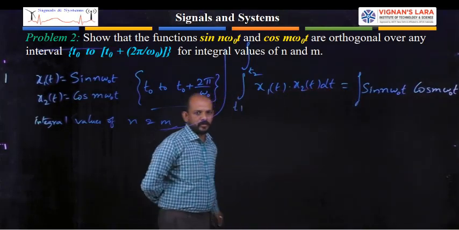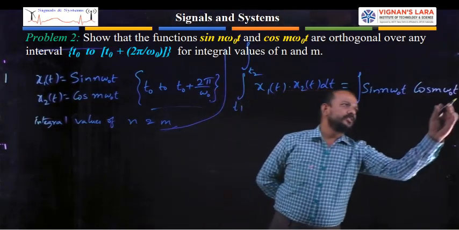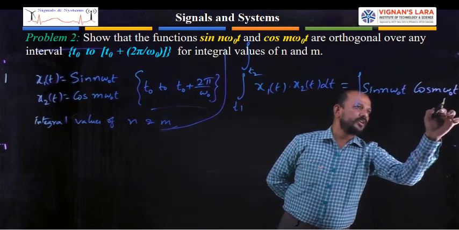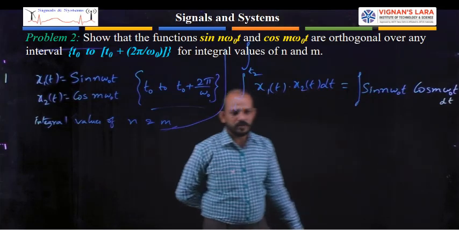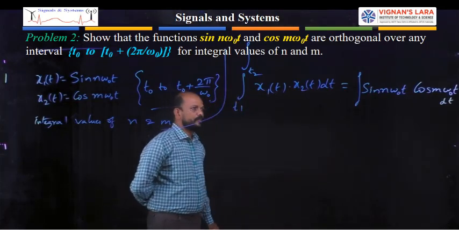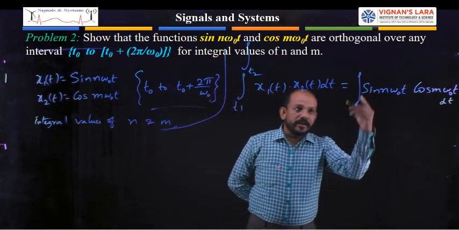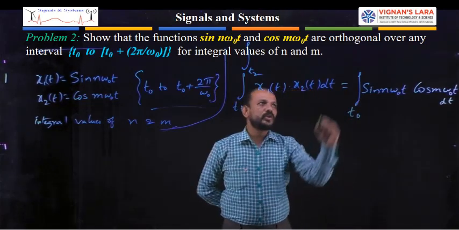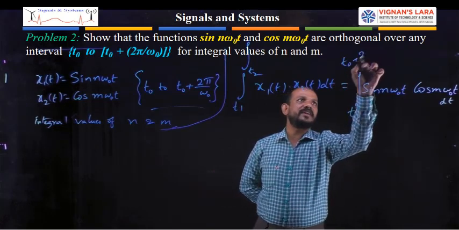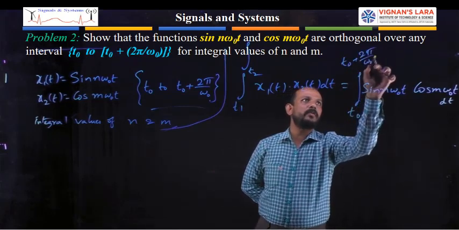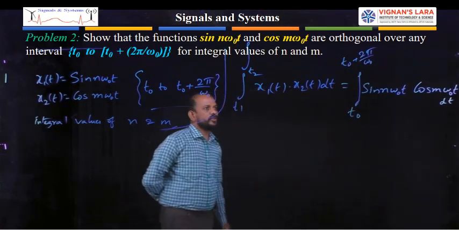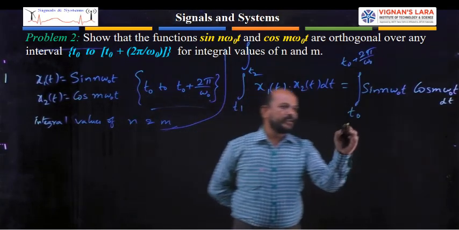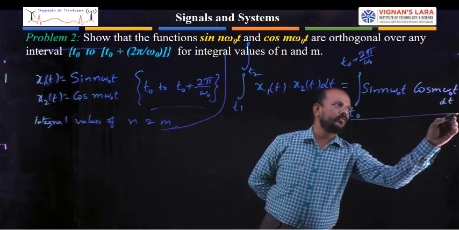The interval is important: t naught to t naught plus 2 pi by omega naught. So we have to find out the value of this one.